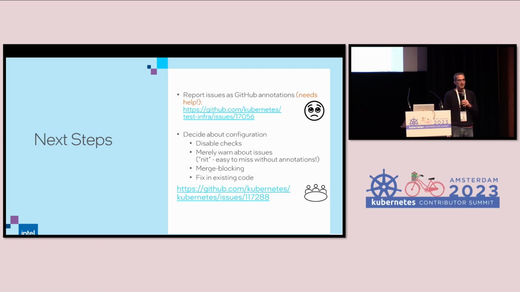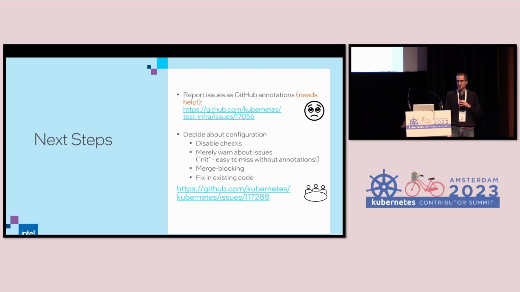So when I started looking at this, I found an old issue that was originally about GitHub comments, and annotations are similar. It's the same problem essentially. For various reasons, we are not using GitHub Actions. They didn't exist yet. We are Prow-based, we run things in Prow, and then we somehow need to report back the result to GitHub.